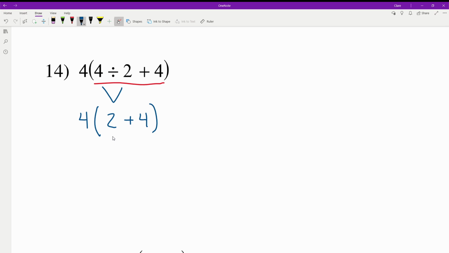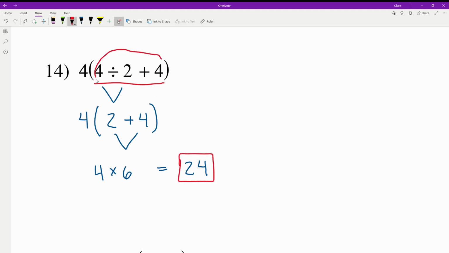Now parentheses comes next. 2 plus 4 is going to give me 6. So I have 4, but I need to multiply that by 6 because that 6 is still within parentheses. I'll treat this as multiplication. 4 times 6 is going to be 24. 24 is my solution in number 14.